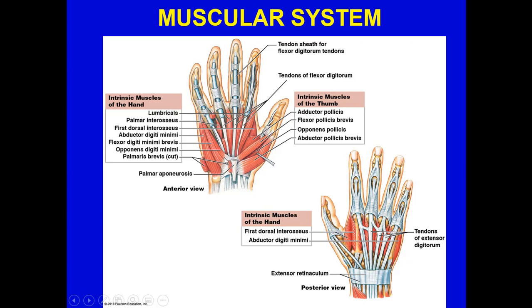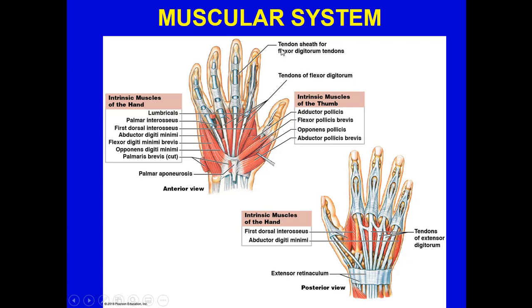In the palm of the hand, this is anterior view, you have a palmar aponeurosis right here. You have, as I said, the lumbricals, the palmar interosseous. The first dorsal interosseous is right here. The abductor digiti minimi, right here. The flexor digiti minimi brevis is right here. The opponens digiti minimi is right here. And then they had to cut some of this so that they had the palmaris brevis removed.